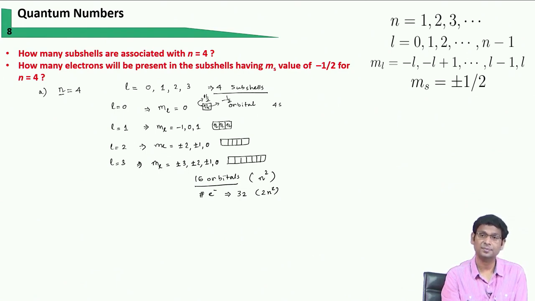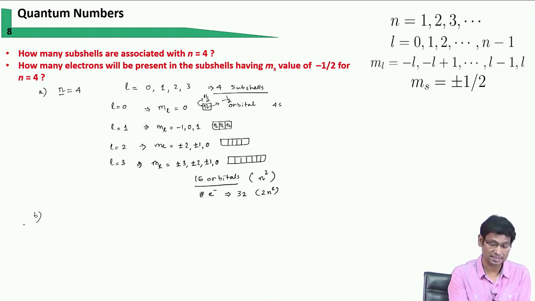So, one is alpha spin, another is beta spin, and that is happening in each orbital. So, since I have 16 orbitals, I have 16 electrons that can have ms equals plus half, and the remaining 16 electrons will have ms equals minus half.